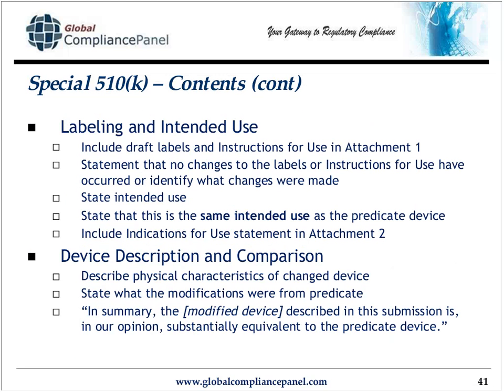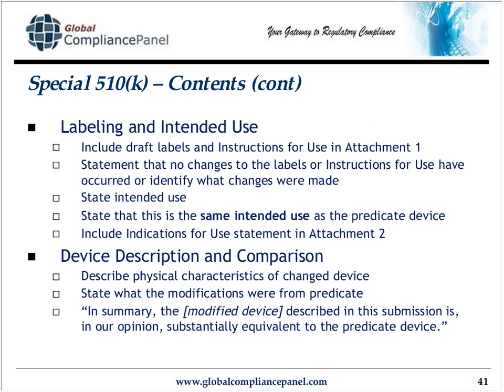Labeling: you want to make sure that attachment 1 is your draft labels and IFUs. You want to include a statement that no changes have been made, or conversely identify what changes were made. State the intended use, but also explicitly state that this is the same intended use as the predicate device, and your indications for use statement is attachment 2.